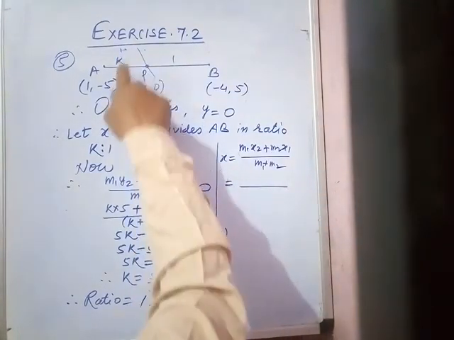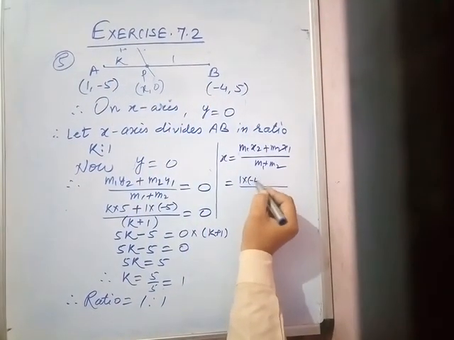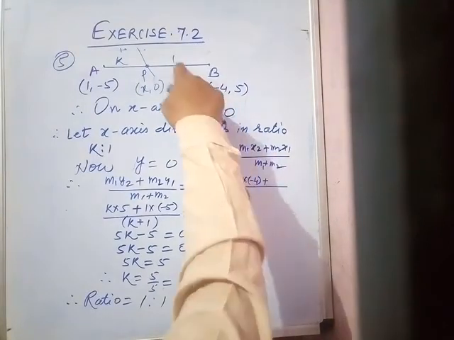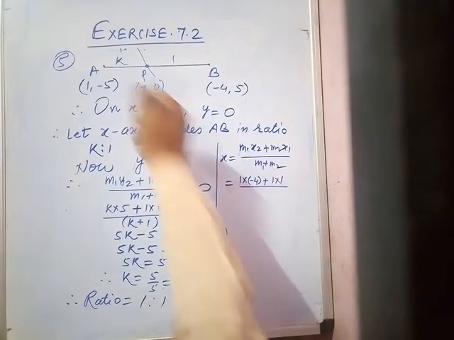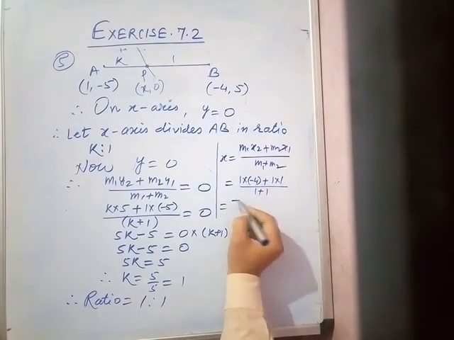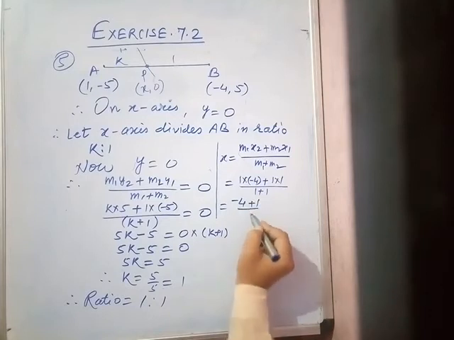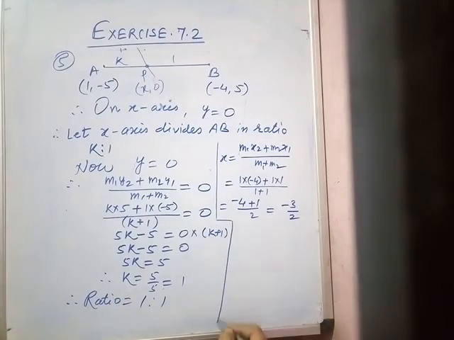So k is 1 here, so 1 into minus 4 plus 1 into 1, and m1 plus m2, that is 1 plus 1, so it is minus 4 plus 1 upon 2, that is minus 3 upon 2.